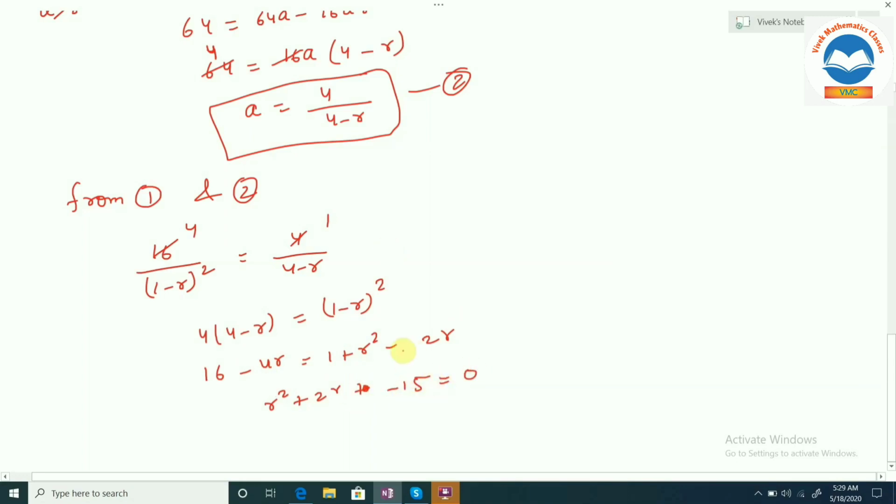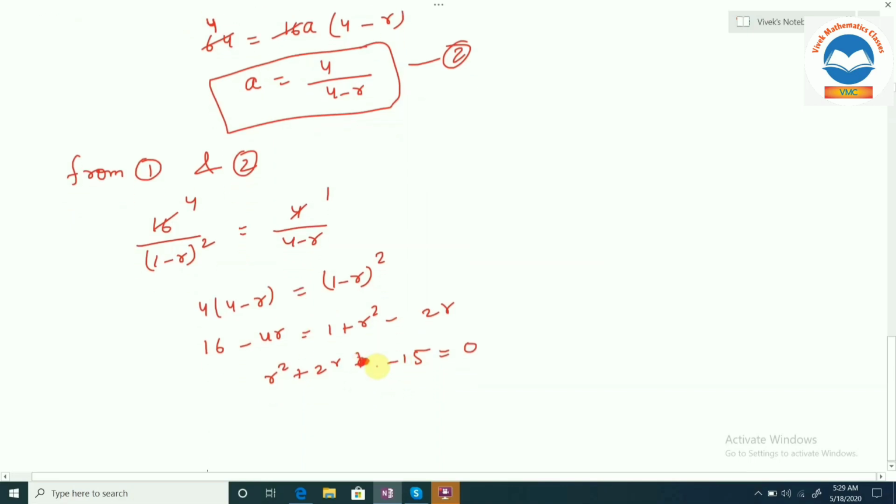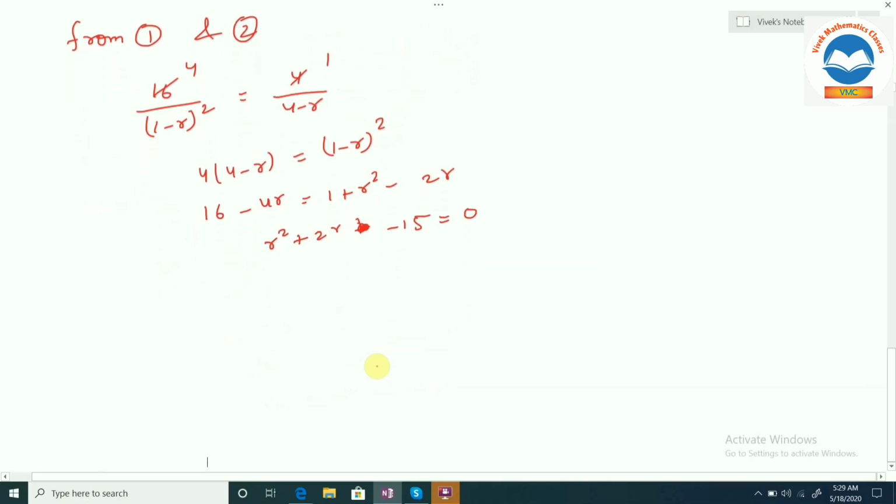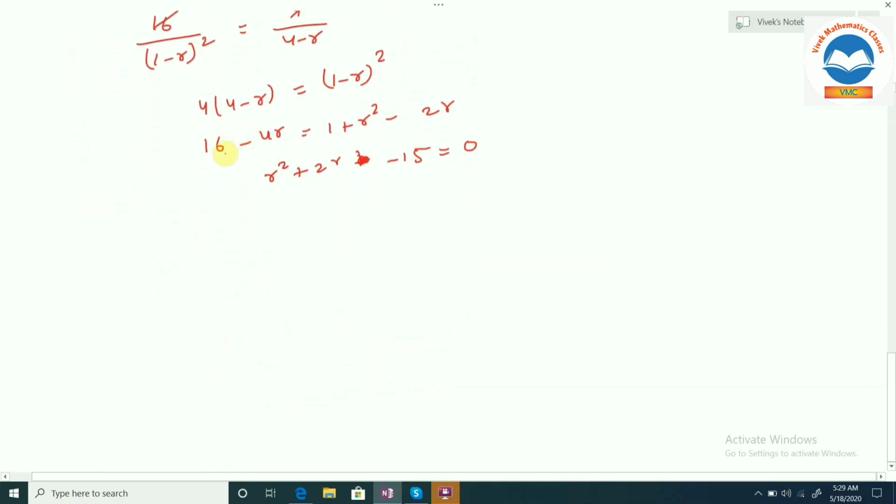Now you have to factorize R square plus 2R minus 15. Here we can write 2R as 5R minus 3R, so R square plus 5R minus 3R minus 15 equal to 0.